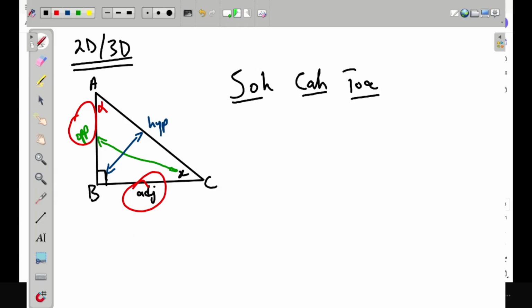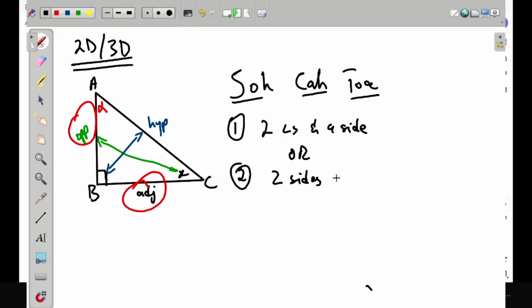We use them in one of two cases. One case is you are given two angles and a side, or you have two sides and one angle.